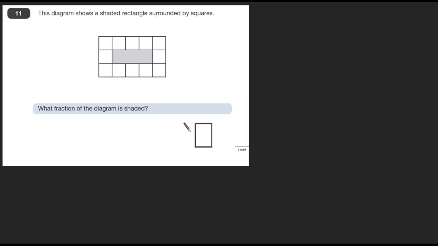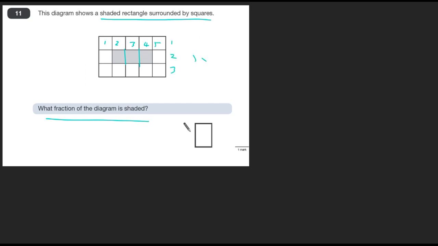And question number 38, I'm going to be drawing some straight lines to make sure the shape is completely divided into equal shapes, and I'm going to count the total squares. This diagram shows a shaded rectangle surrounded by squares. What fraction is shaded? So 1, 2, 3, 4, 5, then 1, 2, 3.